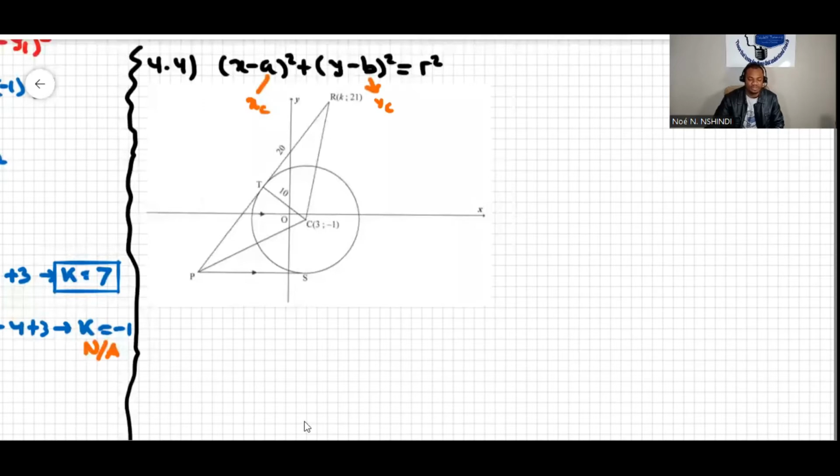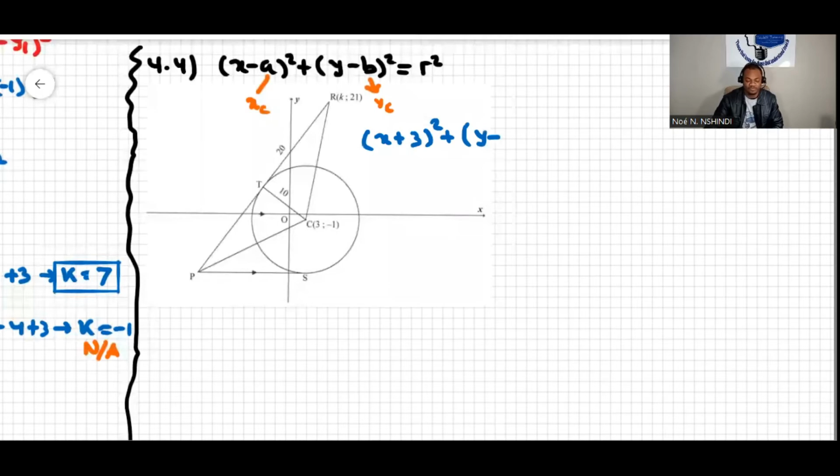Now we can write the equation of the circle: x minus 3 to the power of 2 plus y minus 1. We need to be careful here. Usually students may place a positive sign there, because they see positive there.